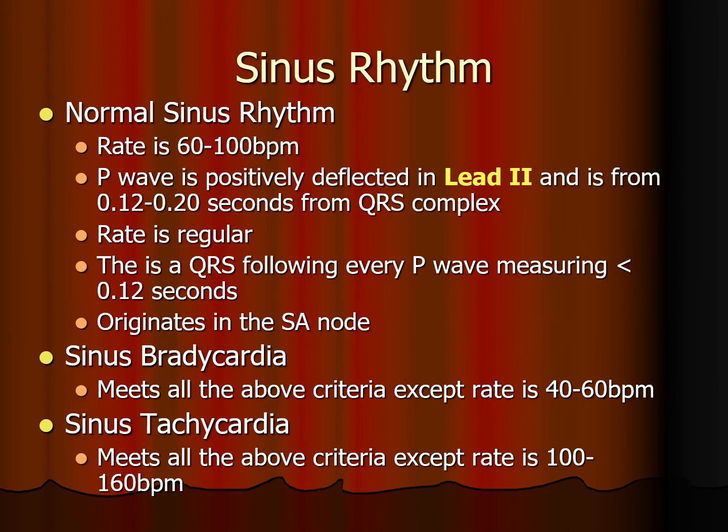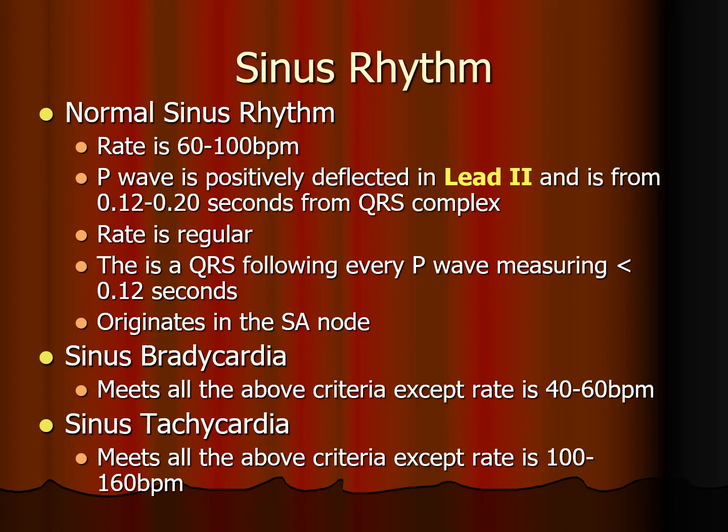All right. So normal sinus rhythm. The rate is between 60 and 100 beats per minute. The P wave is upright and pretty and perky, is positively deflected. It's above, goes up, positively deflected in lead 2 and is from 0.12 to 0.2 seconds from the QRS complex.